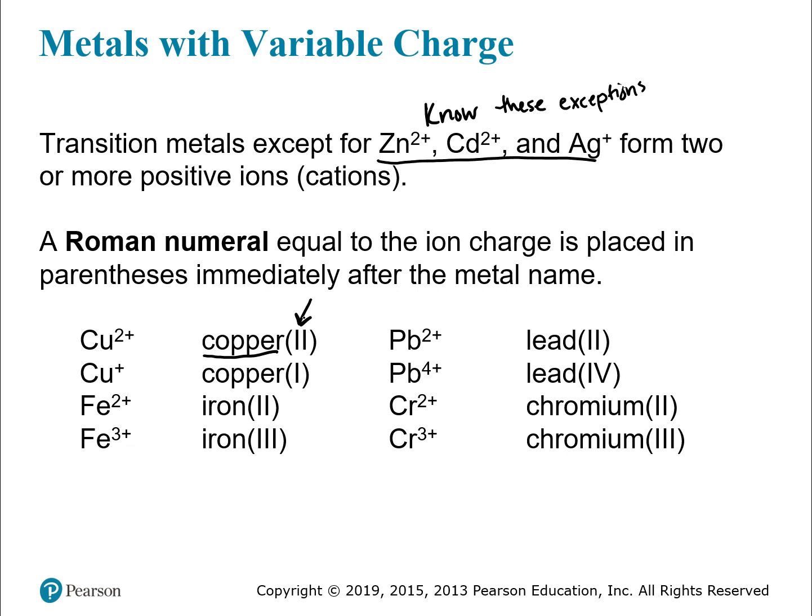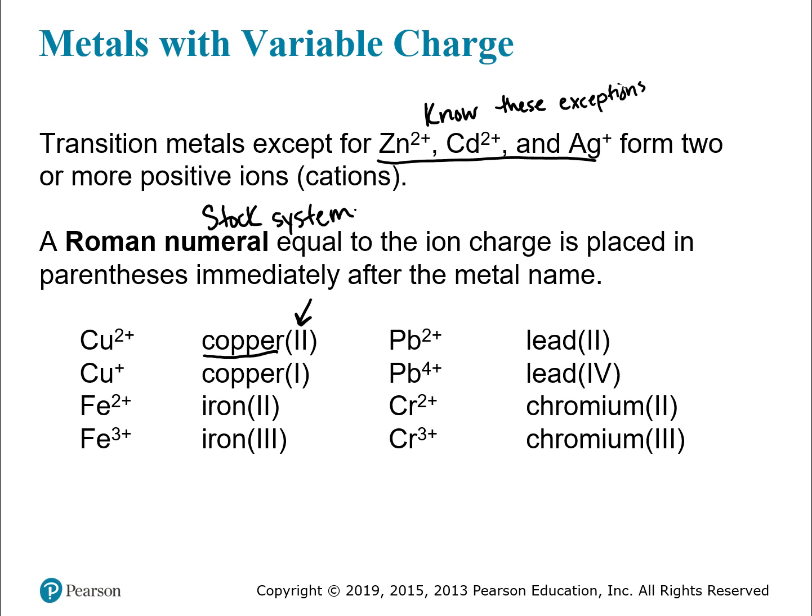So no space or anything. Just put the charge right there in parentheses. This is what's called the stock system. There are other systems for naming transition metal ions. We're not going to talk about those.